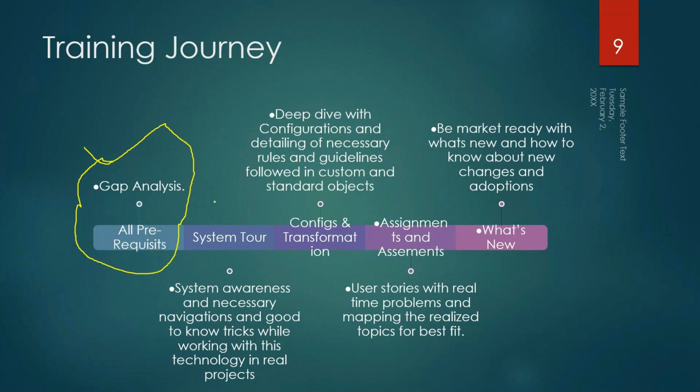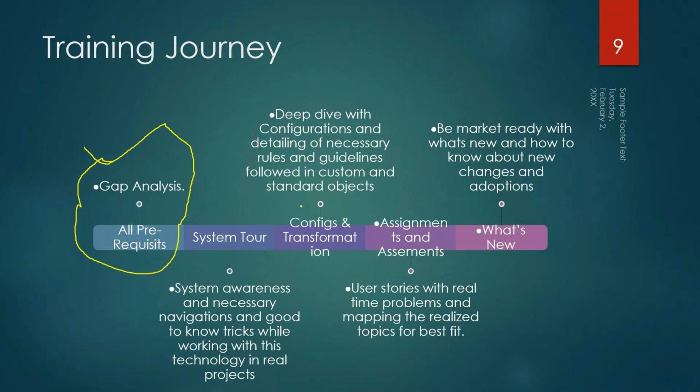where we will try to know about the different navigational and also the different tricks when we are working with this technology, with the real-time project experiences we have gained, and at the same time we will also speak about the different configurations and transformations which are needed.